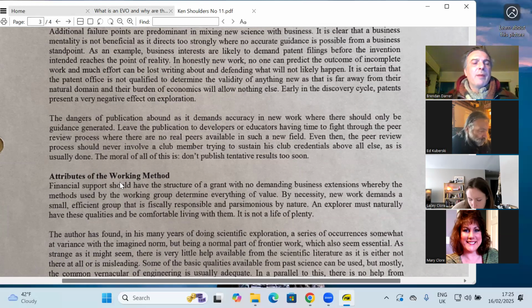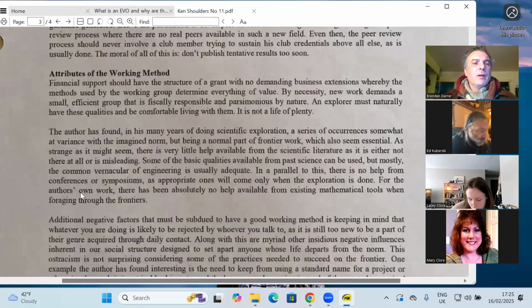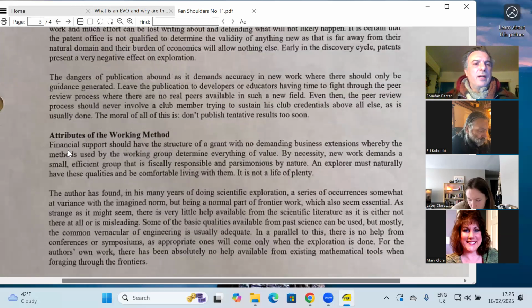Attributes of the working method. Financial support should have the structure of a grant with no demanding business extensions, whereby the method used by the working group determines everything of value.